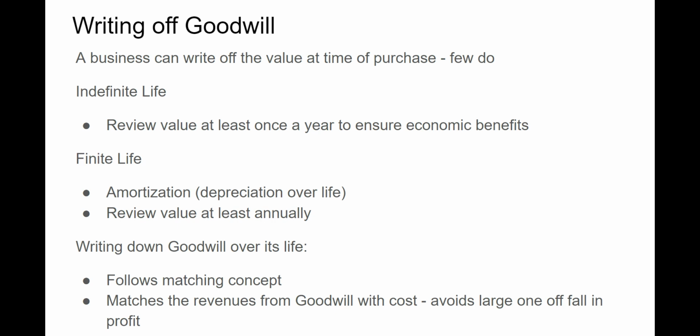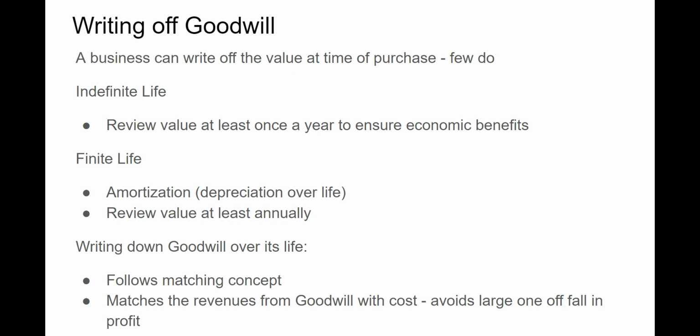And it does also state that businesses should continue to review the value of that goodwill to make sure that it shouldn't be depreciated or amortized even quicker. Now, the idea and the justification for writing down the goodwill over the life of the business is that it does clearly follow the matching concept.